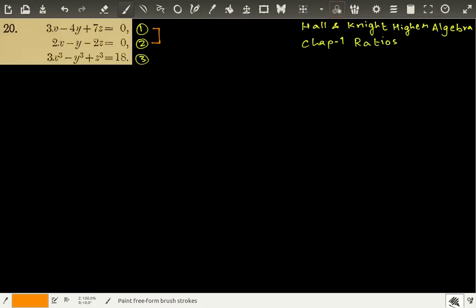So what is the relationship between x, y and z from these two equations by the rule of cross multiplication?